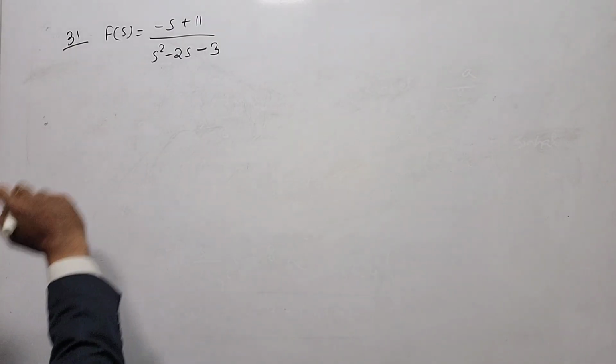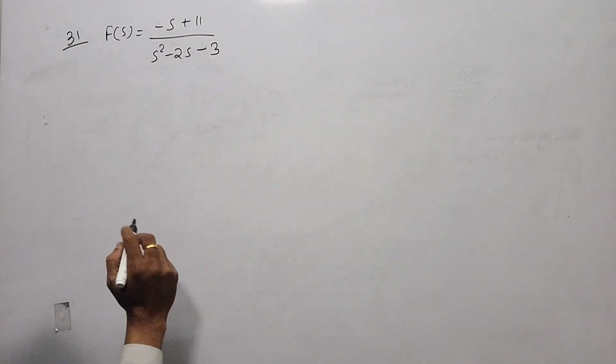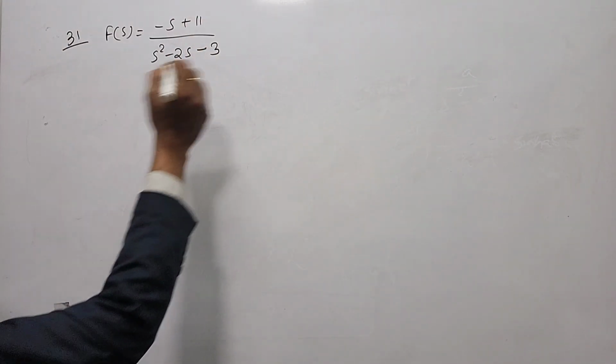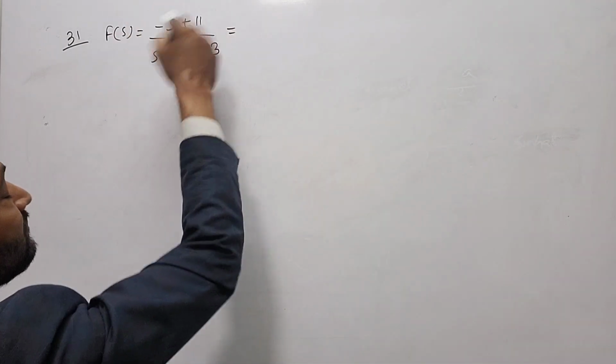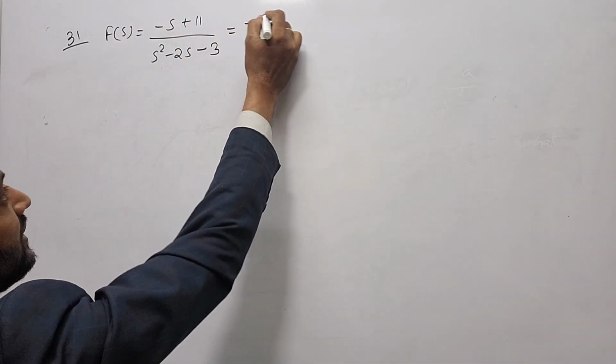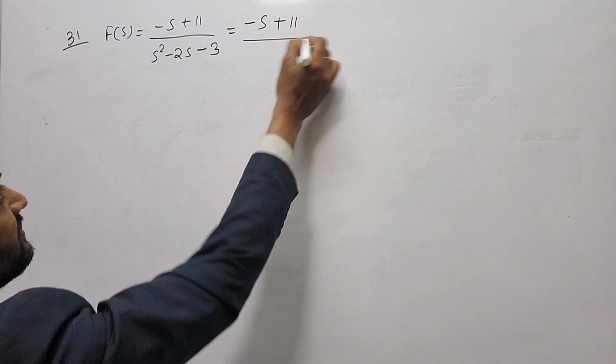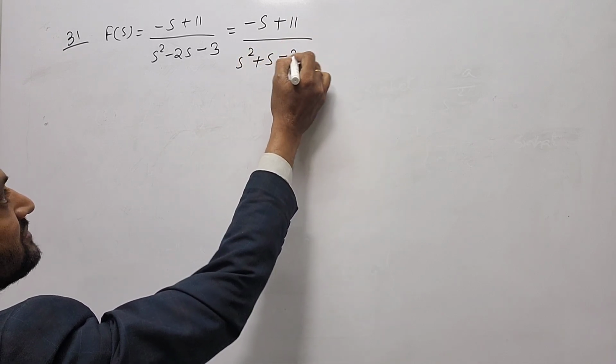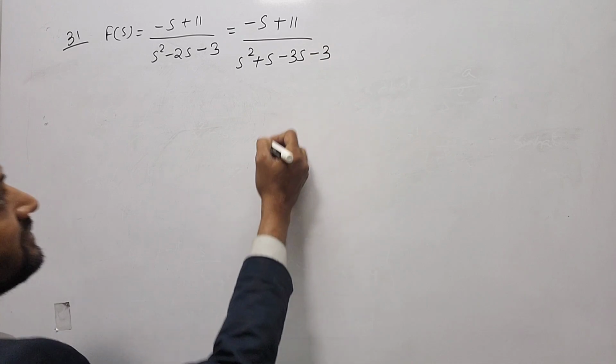Next question, question number 31. F(s) is given as minus s plus 11 by s square minus 2s minus 3. We will find out the Laplace inverse of this function. Laplace inverse of F(s). So I can write minus s plus 11 by s square minus 3s plus s minus 3.